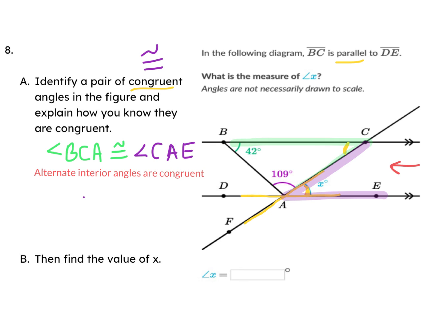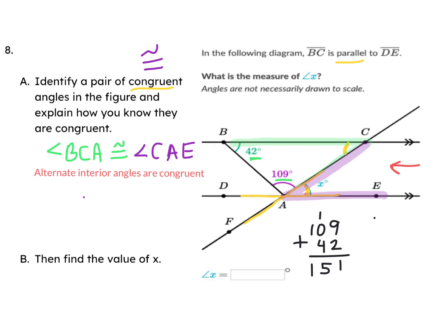Now, step 2 is to find the value of x. So, do you see the triangle that is inside there? We have 42, 109, and this unknown measure. So we're going to have to do that math. 109 plus 42. We're going to add that up and subtract from 180 to get that missing angle measure.